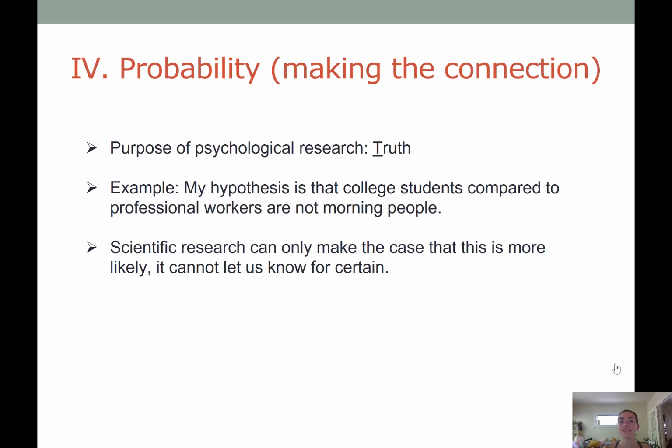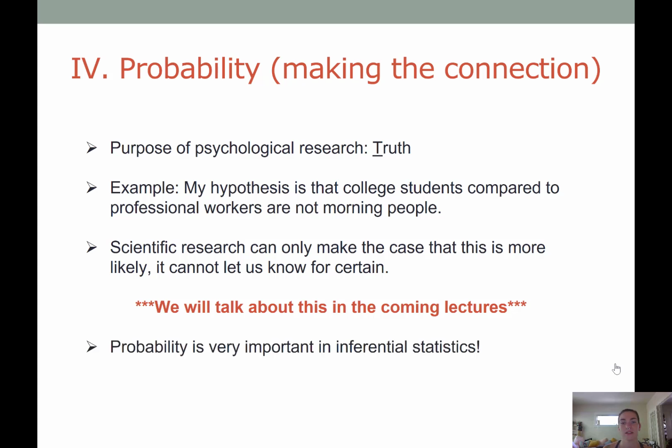Or make the case that it is likely to be true that college students are less like morning people compared to professional workers. I will never really be able to prove something with certainty, without a doubt, to be true about a population. So this is going to be really important in the coming lectures this summer session, because this is really the foundation of inferential statistics.